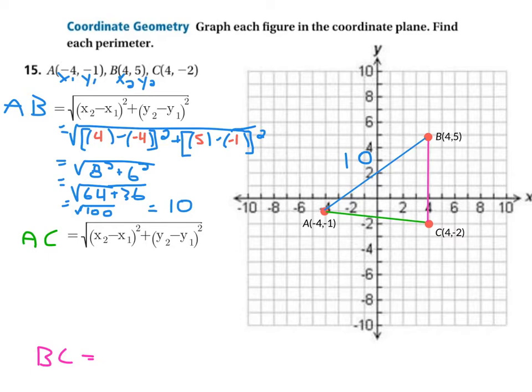I'm going to erase what's up top and now say we're going from A to C. So now I'm going to label point A, x1, y1, and point C, x2, y2. I'm going to do the same thing again, where I rewrite this and put brackets in so that I can substitute in the values.